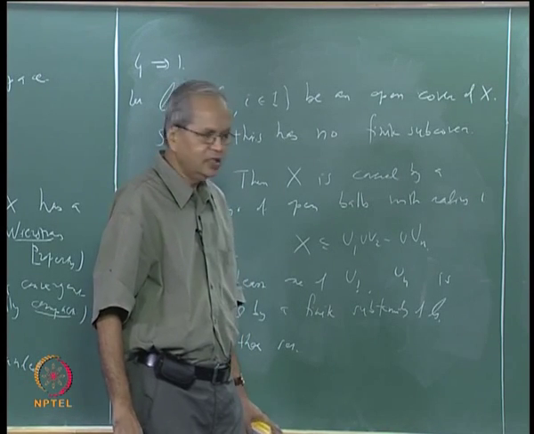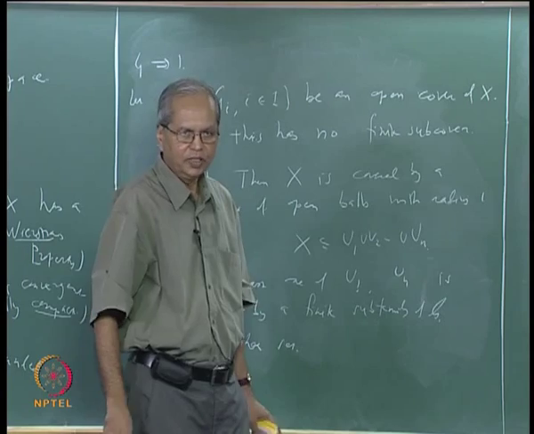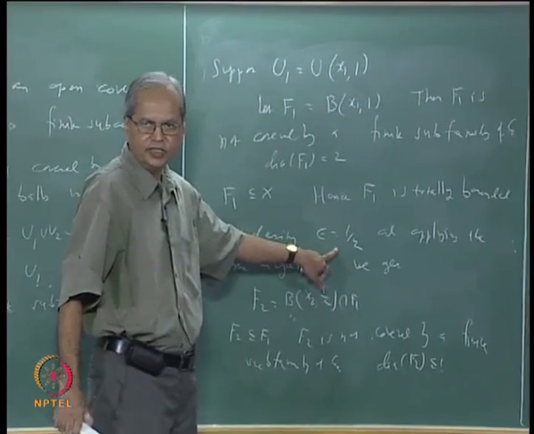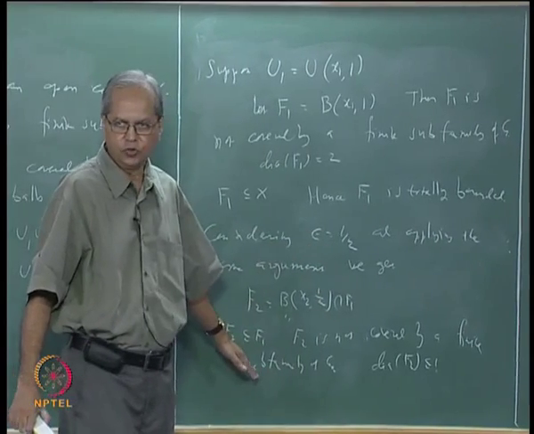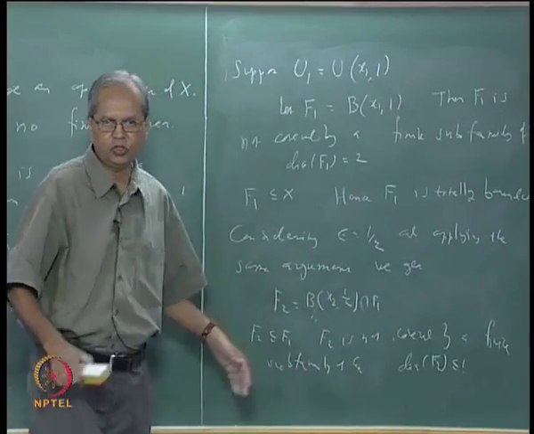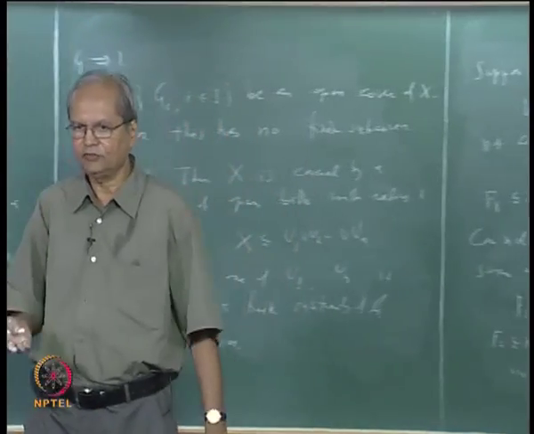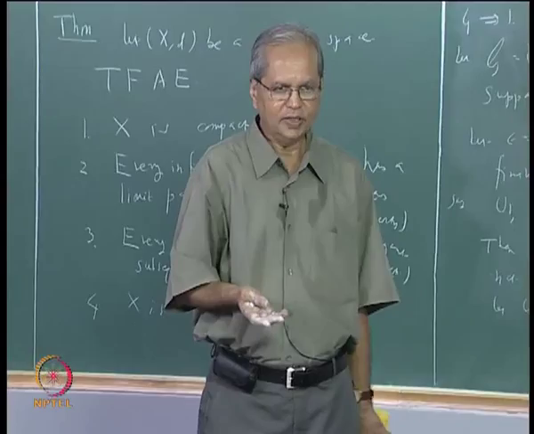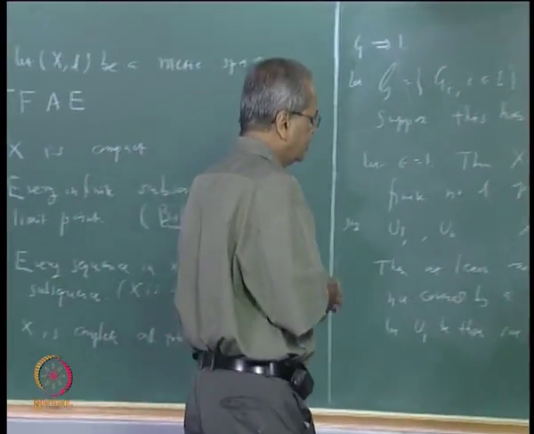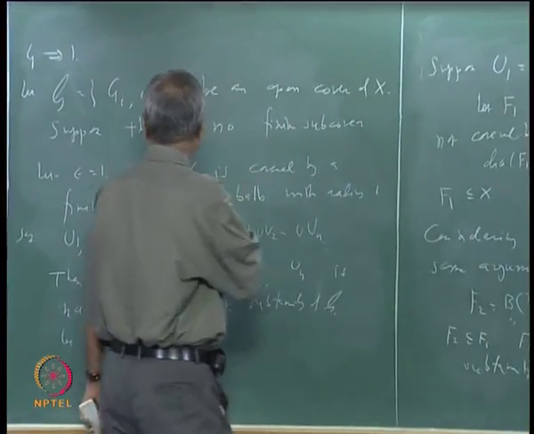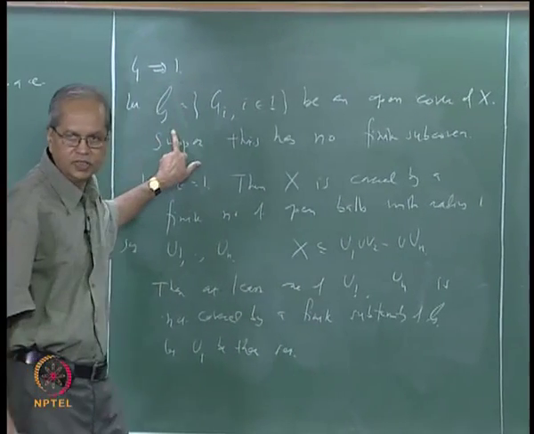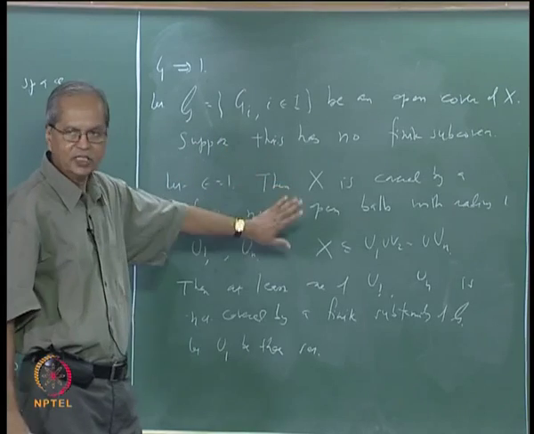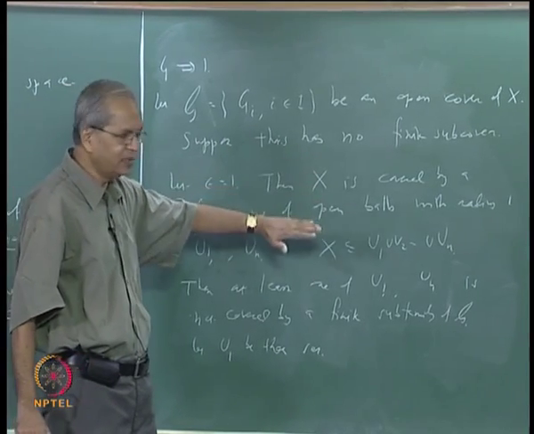So now I hope it is clear to you how to proceed. Next stage I will take the radius as 1 by 4 and apply the same argument to F2. Then I will get a next set F3 that is contained in F2, and F3 is also not covered by any finite subfamily of this cover G. So suppose we proceed in this manner, what is the ultimate result?